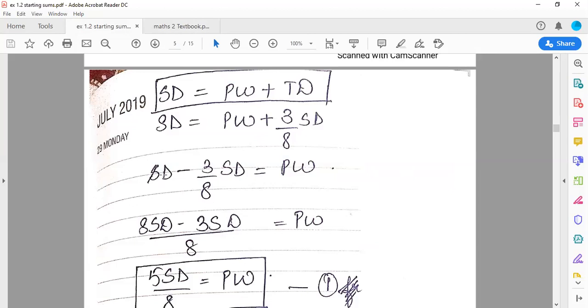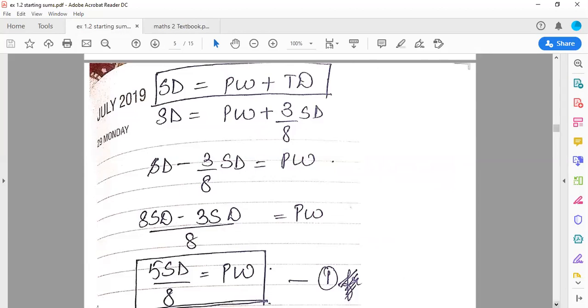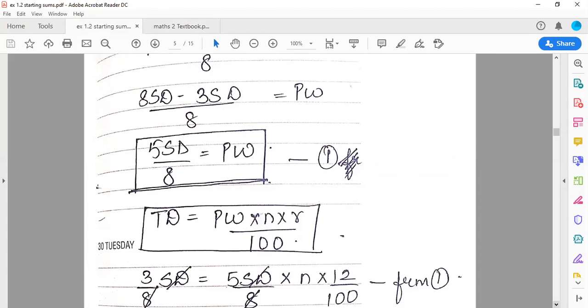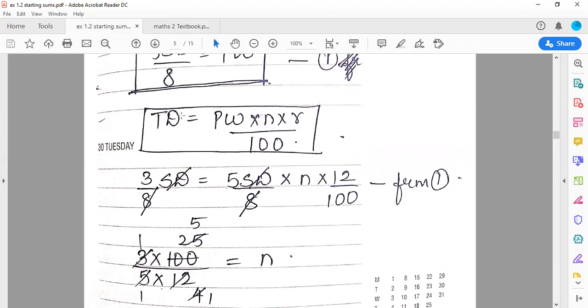Then we'll do cross multiply. So this will become 8 SD minus 3 SD upon 8. So 8 minus 3 will give you 5 SD upon 8, point number 1. Then I'll put the formula for TD. TD is equal to PW into N into R upon 100. Now the TD value was 3/8 SD. The PW value was 5 SD upon 8. N we don't know. R is 12/100.